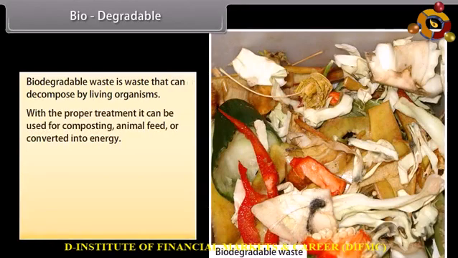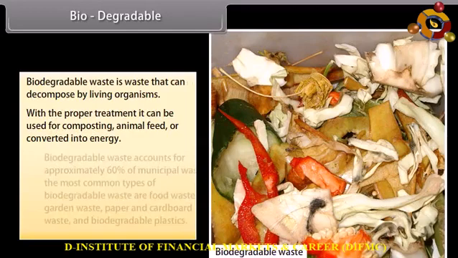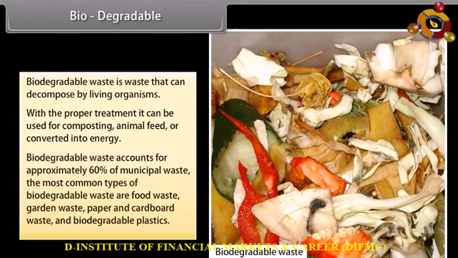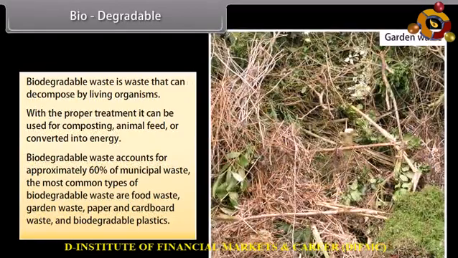With proper treatment, it can be used for composting, animal feed, or converted into energy. Biodegradable waste accounts for approximately 60% of municipal waste. The most common types are food waste, garden waste, paper and cardboard waste, and biodegradable plastics.